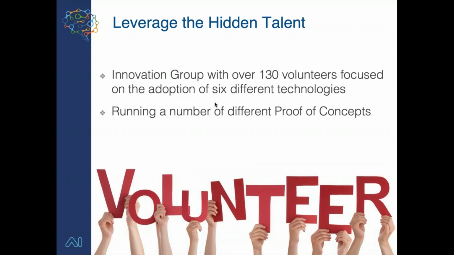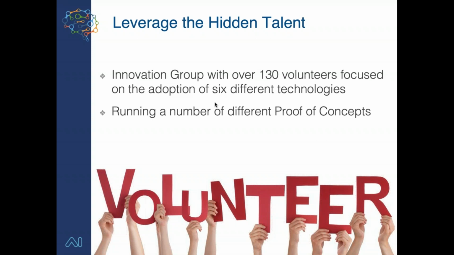As part of the innovation group, this was a virtual innovation group, we had 6 different technologies that we were interested in learning about, and as a way to learn those technologies, we came up with a whole bunch of proof of concepts that allowed the group to learn the technology, to explore it, and eventually to produce something that we could then demonstrate to the business.